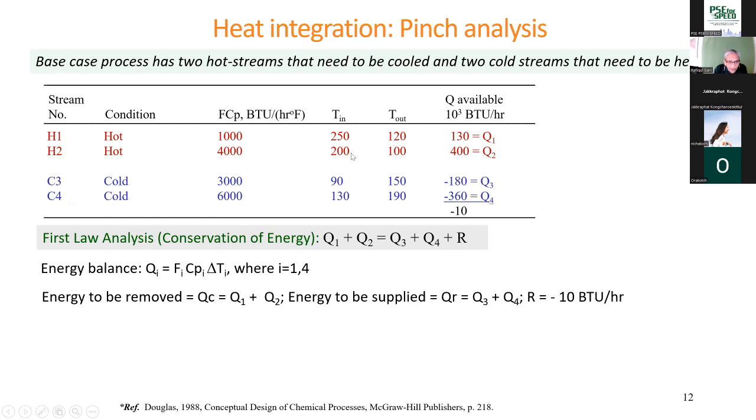And with that, we can calculate all four. And then once we have calculated all four, we can find out that in this system, 10 BTU or units of energy has to be removed. And note that all of this data that you see here comes from the simulation. If we have done the simulation, these are already available to us.